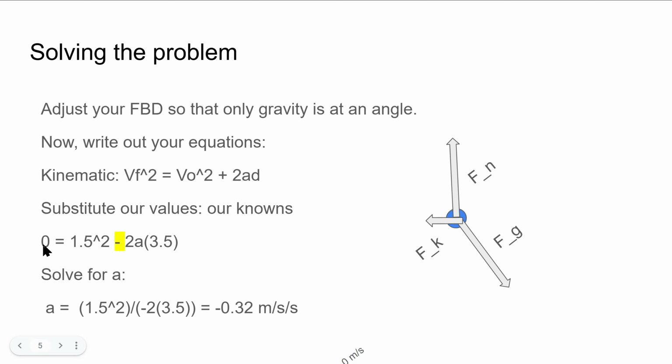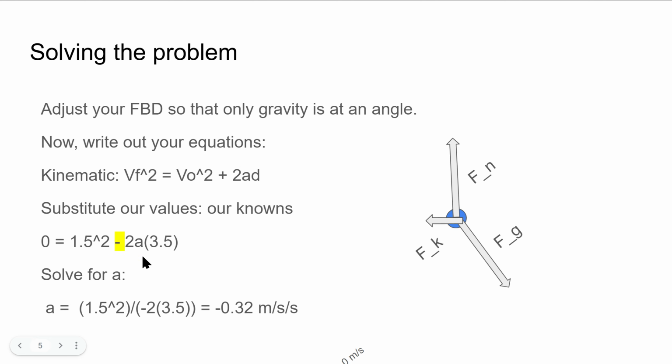So final velocity 0, initial velocity 1.5. Here, note this negative sign. So up here it's positive, down here it's minus. Why is that? Well, that's because acceleration is working against us here. He is slowing down, which makes sense because our initial velocity is greater than our final. So that's important to know here. So minus 2 times our acceleration, which we don't know yet, times our distance traveled, which is 3.5 meters.